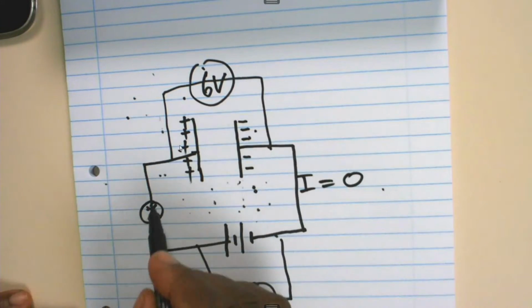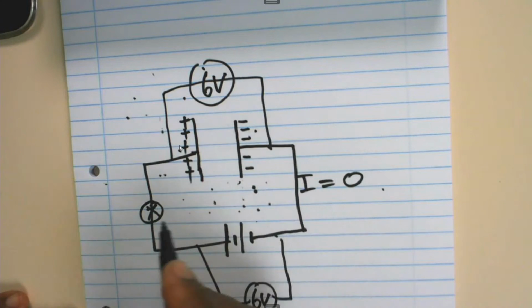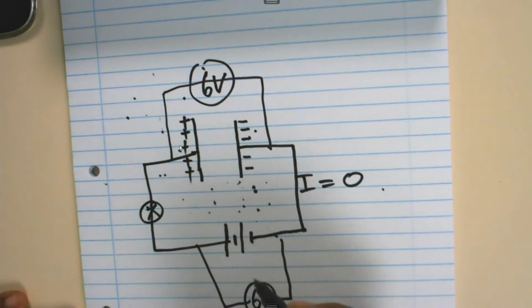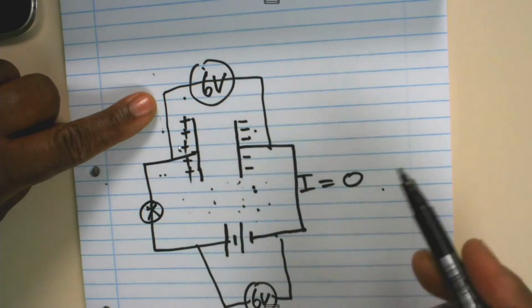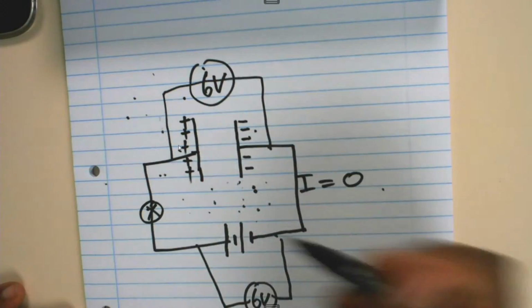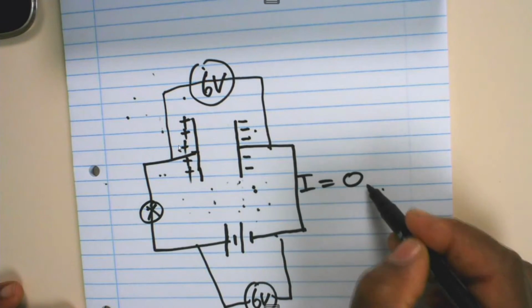Initially, when we start connecting the battery, the bulb will glow, but as time goes on, as the capacitors acquire charges, the light bulb will become dim until it does not glow at all, or it does not light anymore. So that is why I'm indicating that the current will now be 0.